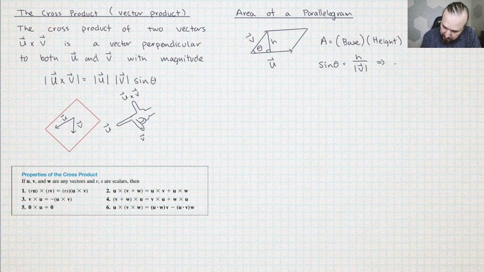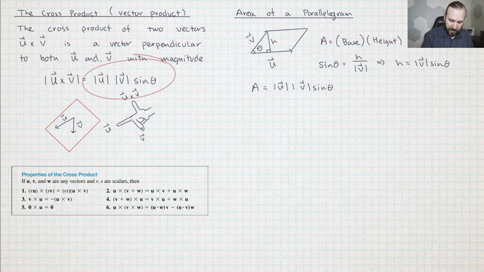So this means that h is equal to the magnitude of v times sine theta. Let's plug this into our area formula. The area is going to be the base, that's the magnitude of u, and then the height is the magnitude of v times the sine of theta. So look at that. That's just beautiful. The cross product is a way to combine two vectors that produces another vector.